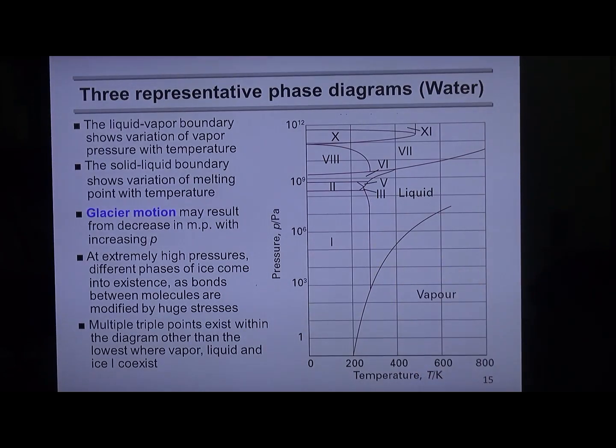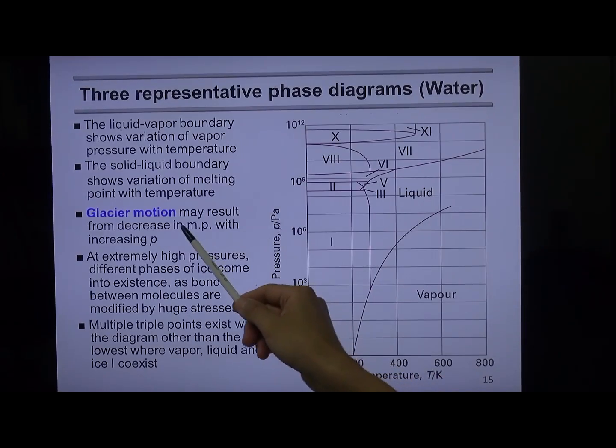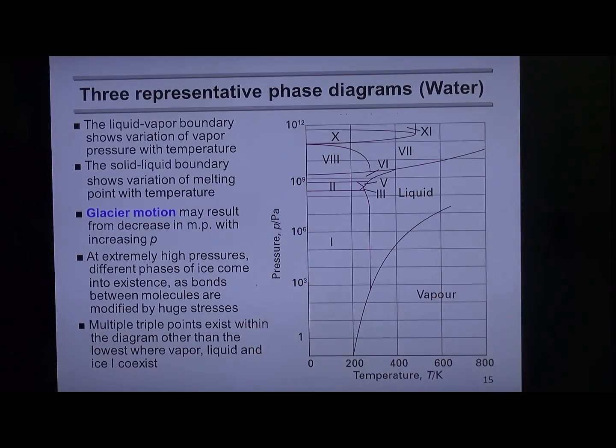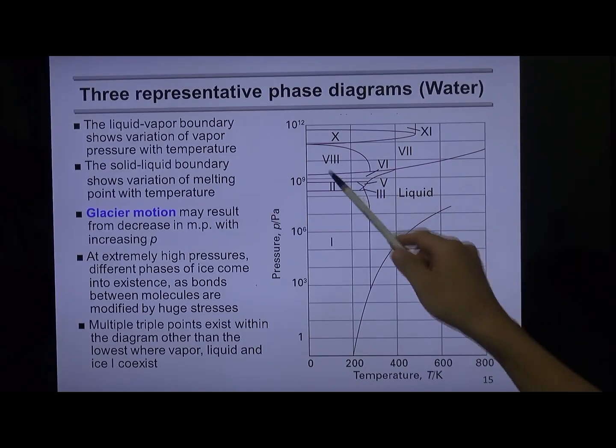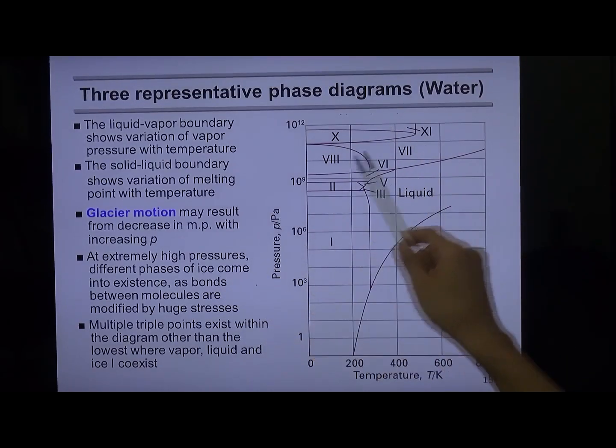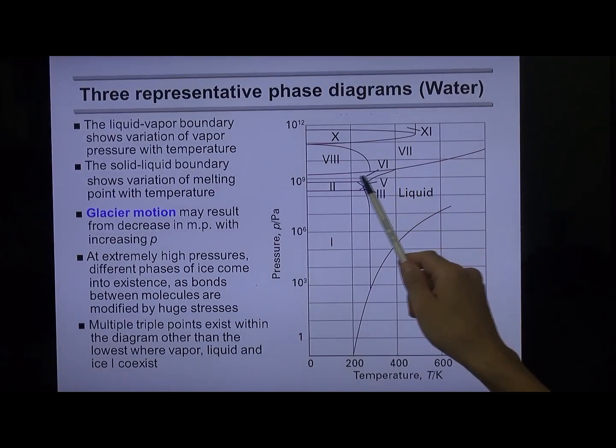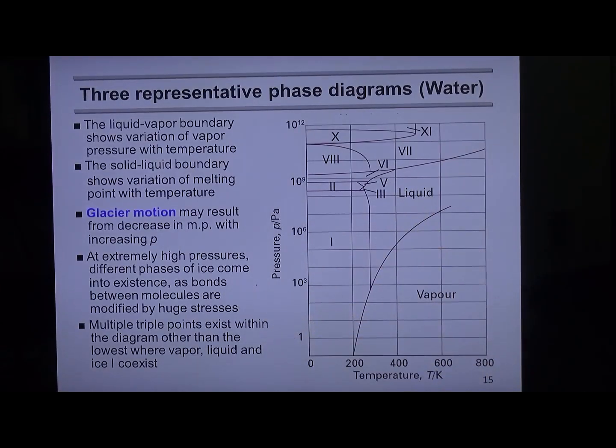Which means that at the bottom of the glacier, it would melt relatively easily compared to the top. So that might explain how this huge, heavy one moves. And at very high pressure, there are many different phases of ice, because those pressures could induce different structures of molecules.